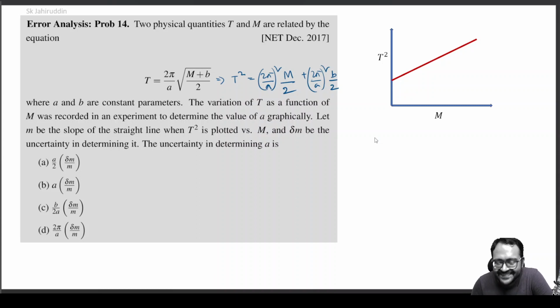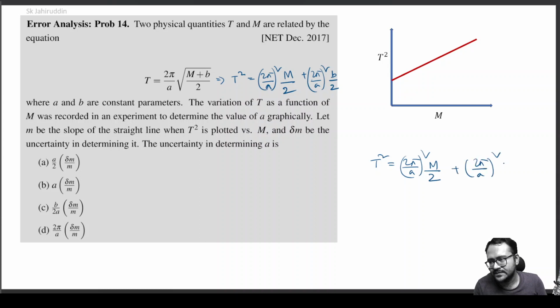Then what is asked? m is the slope of the graph. I write it again. So what is the slope?